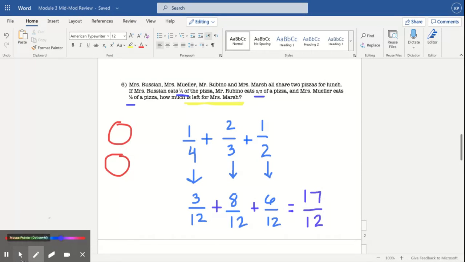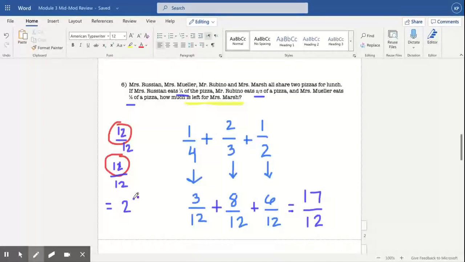Let's go back to those pizzas. How many 12ths are in each pizza? Well, if each pizza is a whole, then there's 12 12ths in each. And if we have 2 pizzas, that means altogether we have 24 12ths.